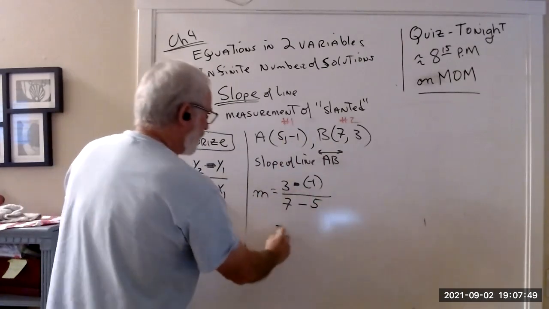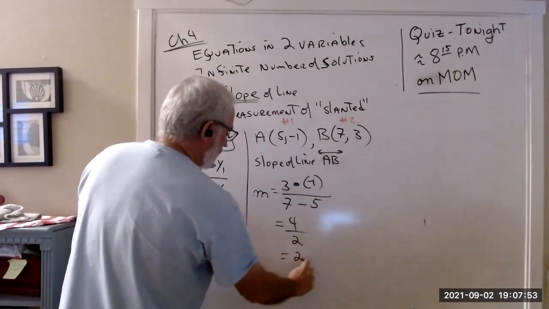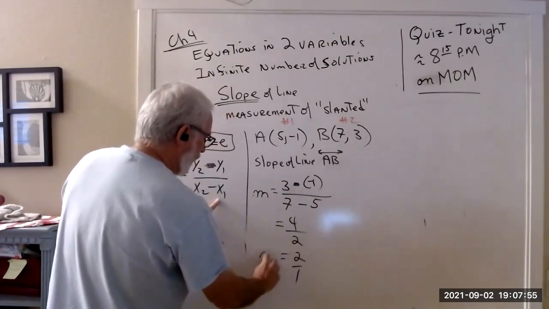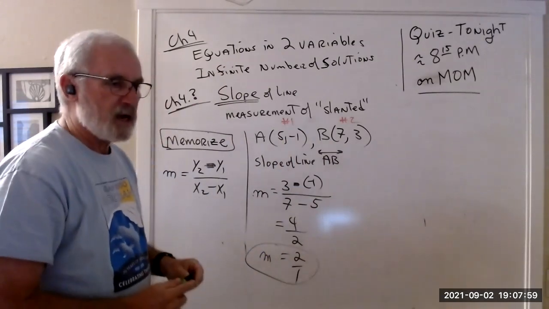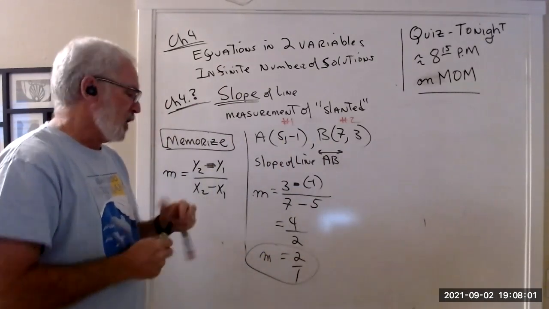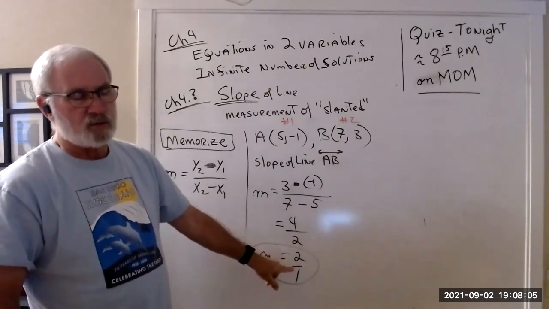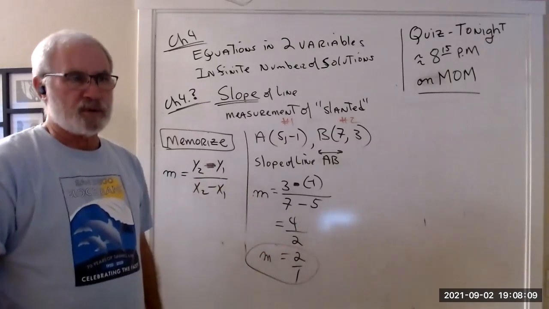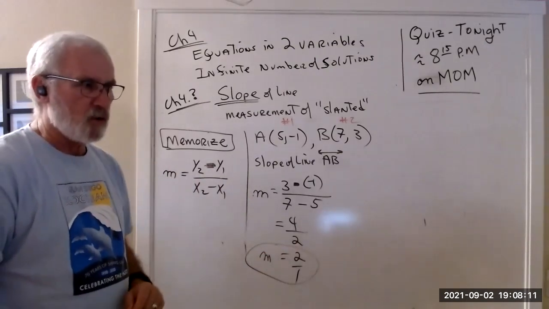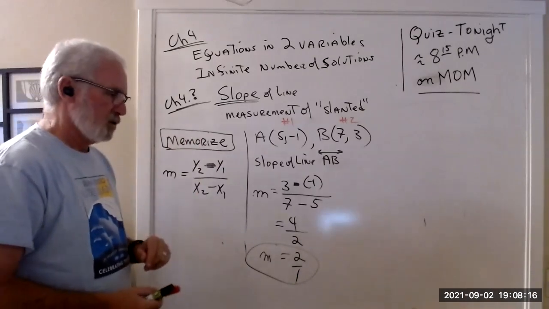Now you clean this up, you get 4 over 2, which becomes now 2 over 1, and there's a reason for that. All the other times I've been yelling and screaming, saying, no, you can't do that, because you got to reduce that to just the whole number, 2, except for slope, because slope measures something else.